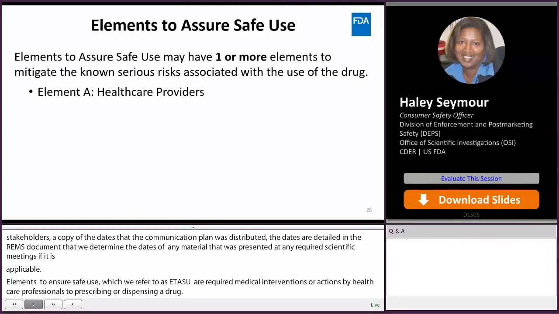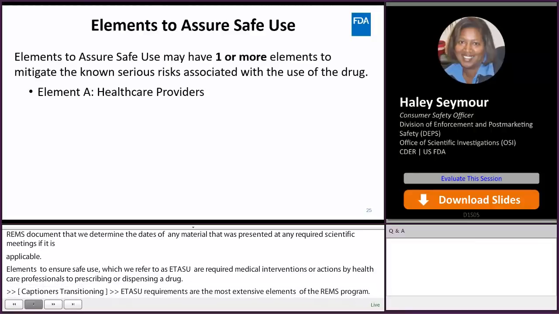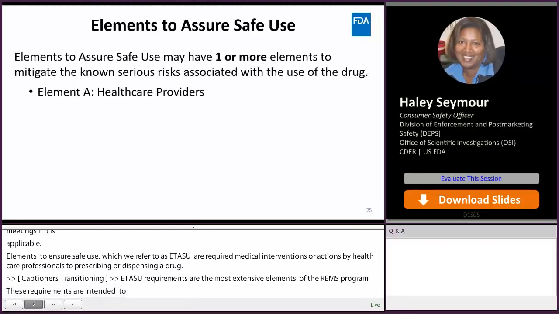These requirements are intended to reduce a specific serious risk listed in the labeling of the drug. Please remember that elements to assure safe use may use one or more elements to mitigate the known serious risks associated with the use of the drug.